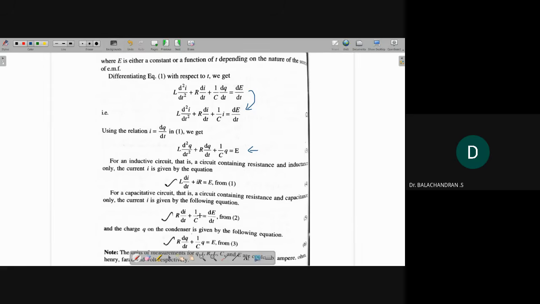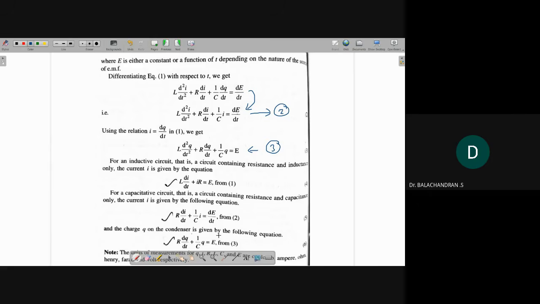This you got from equation 2, and this is equation 3. For the circuit containing resistance and capacitance, R into di by dt plus I by C equal to dE by dt.